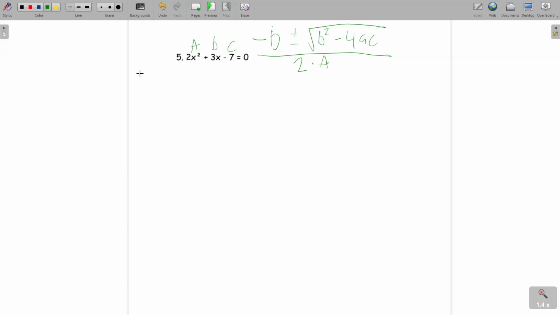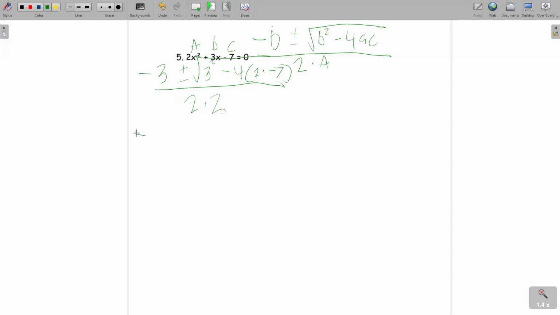So all we have to do is just plug in the values, right? 3 plus or minus the square root of 3 squared minus 4, and I like to do a little bracket for the a and the c. So 2 times negative 7, and that's important to remember. Whatever sign is in front of the c, if this was a plus 7, we would have a positive 7 here, but because it's a minus 7, it's going to be negative, and that's a big deal because that can completely change your answer. Divided by 2 times 2.